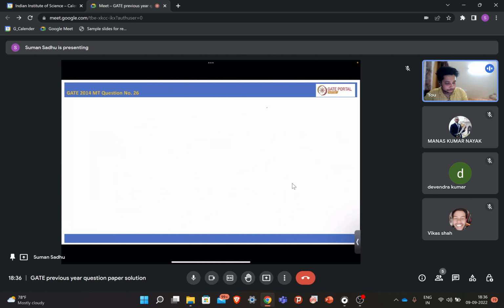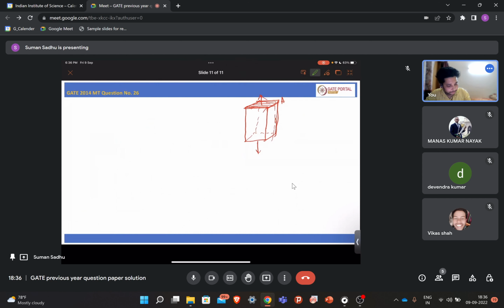So let's say this is your composite. Initially I drew this composite in 2 dimensions, right? But basically it is a 3 dimensional body. So this area we have taken. We are loading in this direction, right? This area we tell is A, the total area, that is AC.